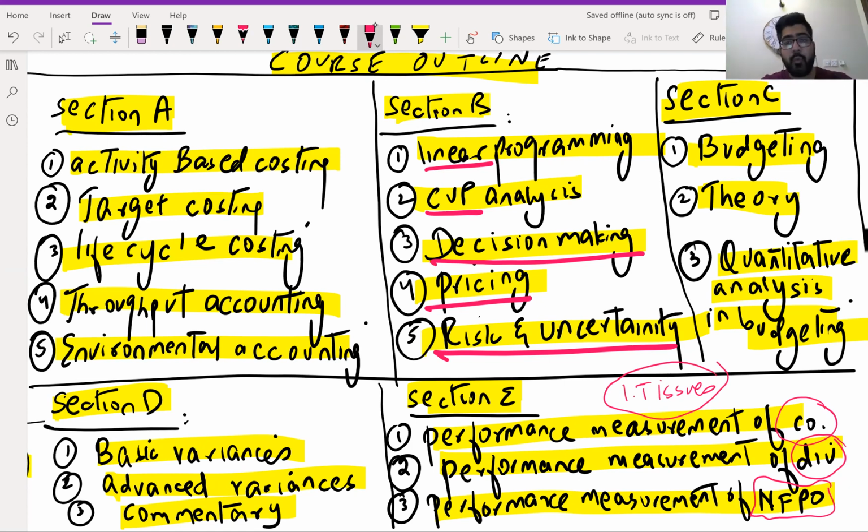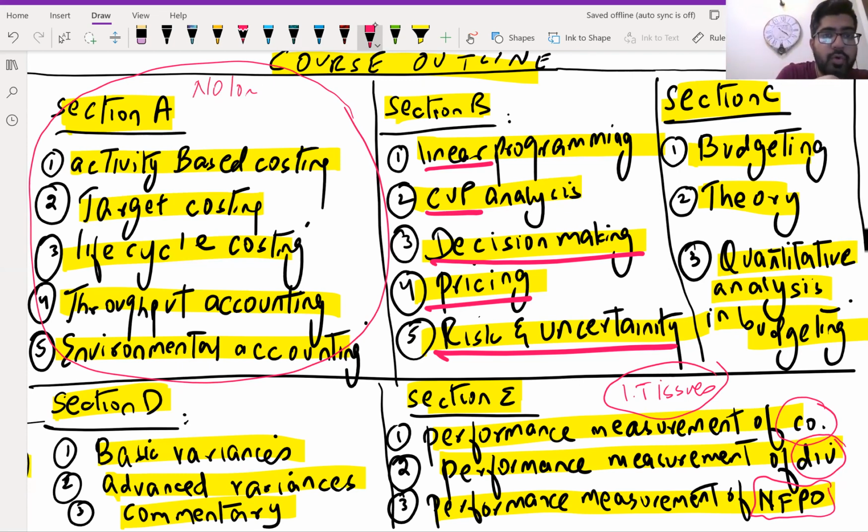Now, what do you know about the paper pattern? That is, how will this paper be tested? There is very limited information available, but whatever information is available, I'm going to tell you. Firstly, always remember this whole section A. Regarding this whole section A, 5 topics, the examiner has clearly stated there will be no long question of 20 marks from this area.